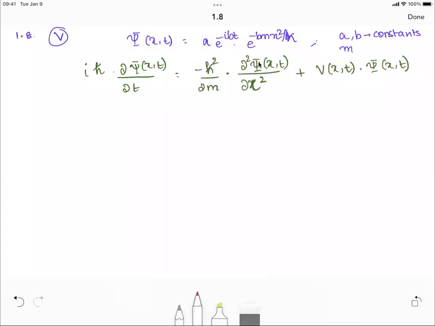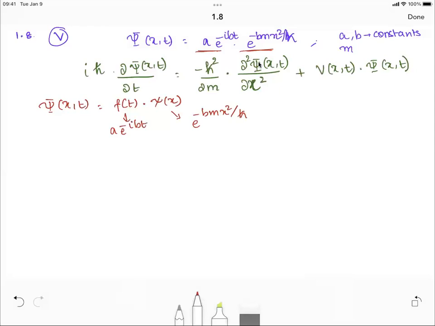Now, as we can clearly see, the state function that we have is easily separable into a time-dependent portion and an x-coordinate dependent portion. So it can basically be written as a function of time times a function of x, where f of t would be A times e to the negative iBt, and this would be the other exponential term.